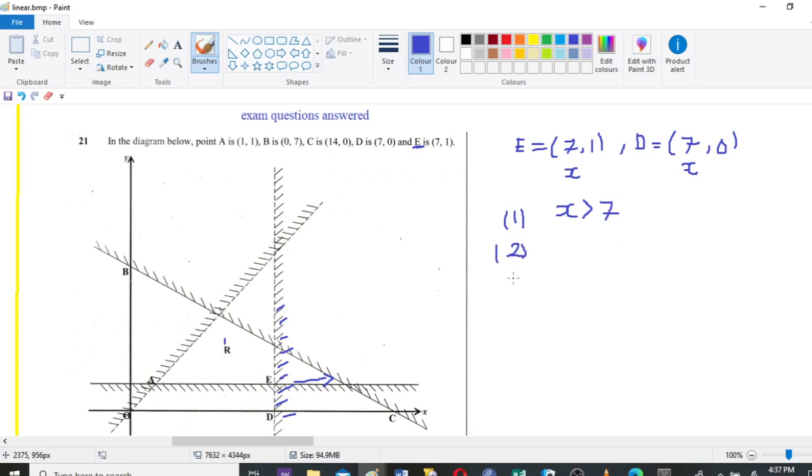We can see it is passing at the point 0, 0, and it is shaded to the greater numbers. So we can say the line there is y greater than x, because the line is also broken, so it's not greater than or equal to.